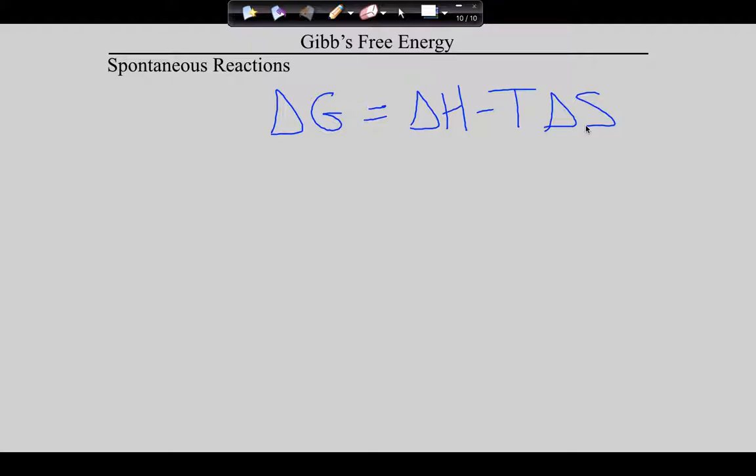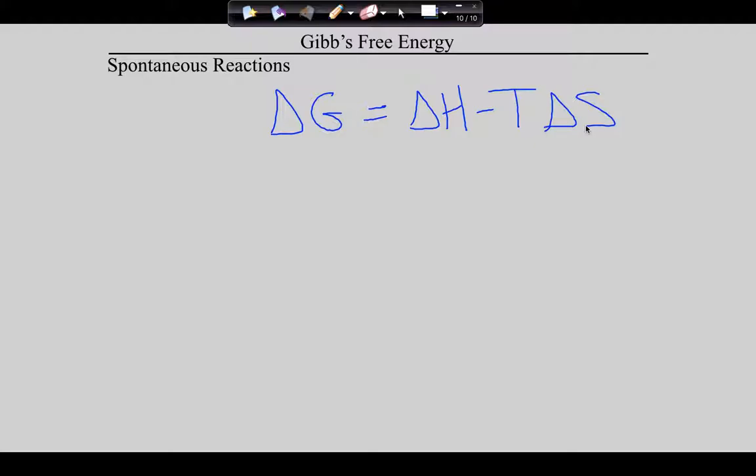But if we've got competing factors, like for example, our quick cold pack, we're comfortable with the idea that this is spontaneous, right? But is it endo or exothermic? Endothermic. And that means, given its heat, it shouldn't be spontaneous.